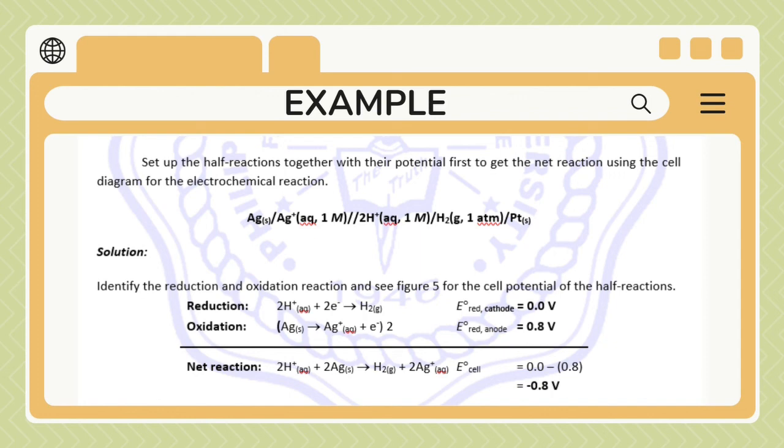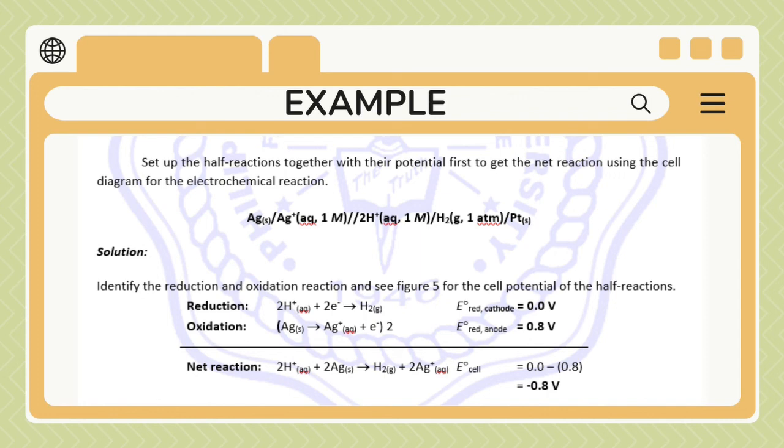For the oxidation, we're going to multiply it by 2 since we have 2 electrons on the reduction side. Since on the oxidation side we only have 1 electron, we multiply the oxidation side by 2.